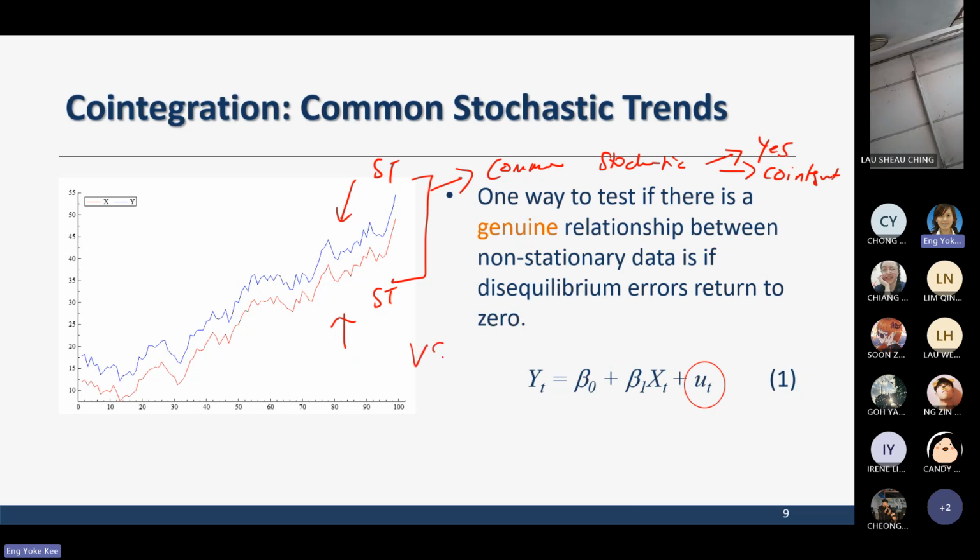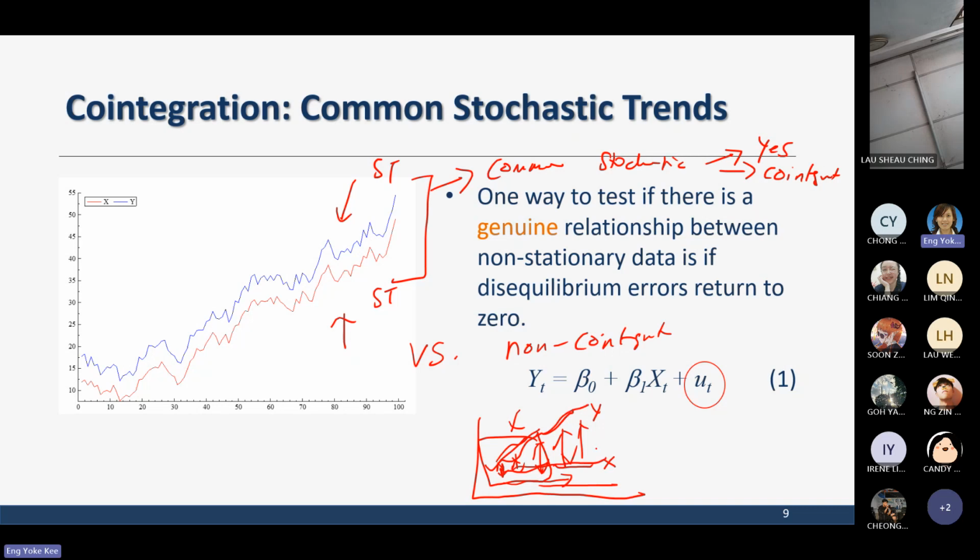Versus the case: what happens if there is no co-integration? No co-integration basically means something like this. You have the X and Y, and over the years, the gap between you and me becomes larger and larger. What you observe here is that it seems they co-move together, but as time goes by, the distance between the two will diverge from each other.